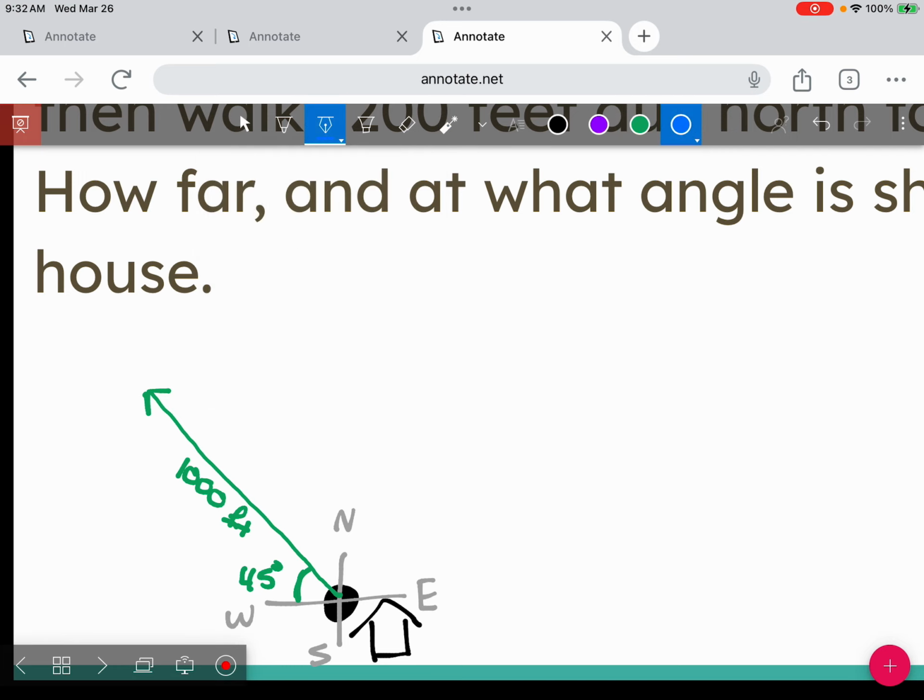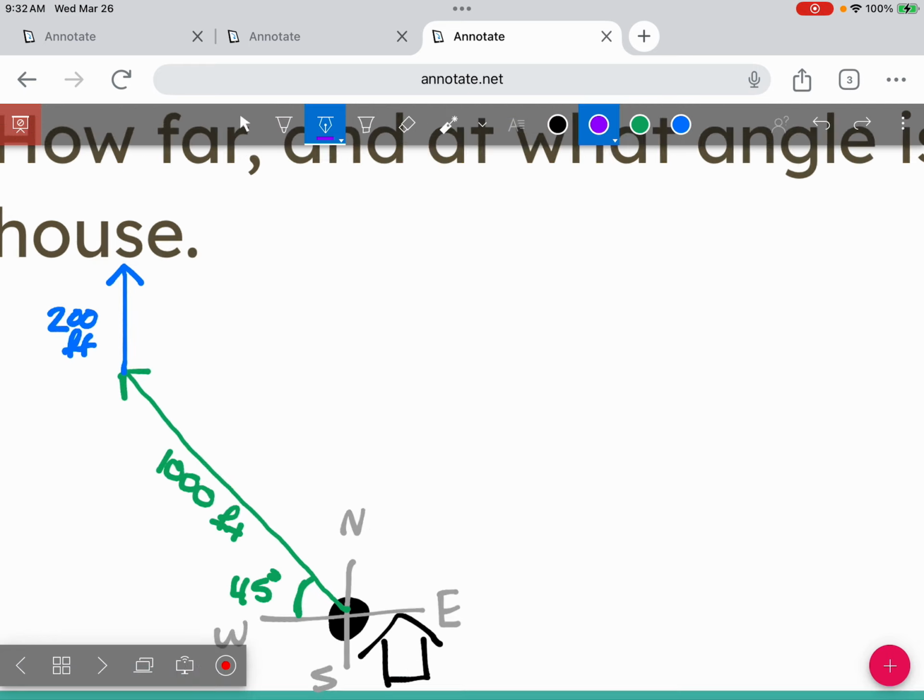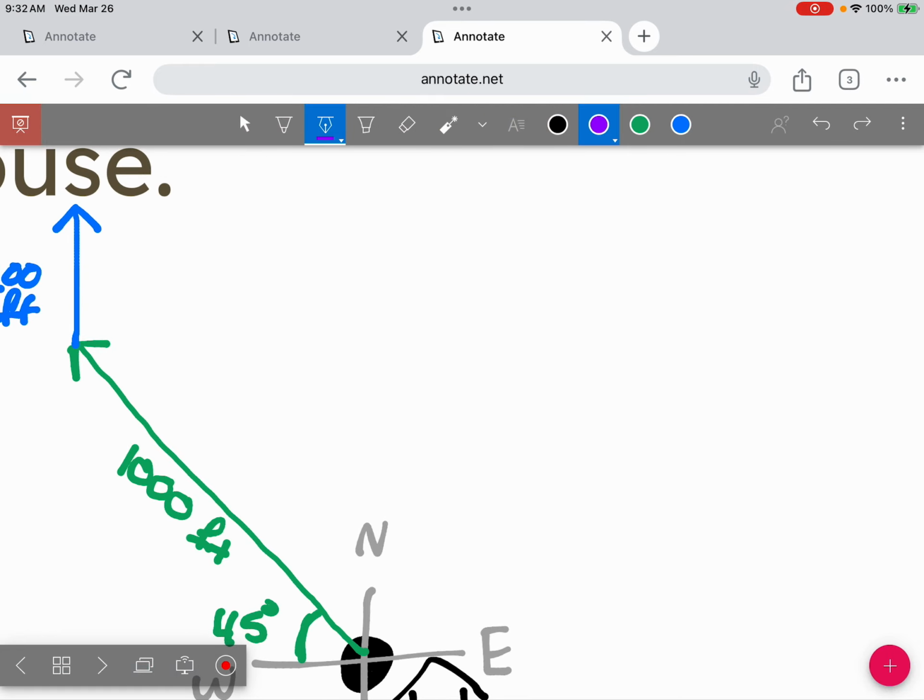So from here, she goes straight north for 200 feet.